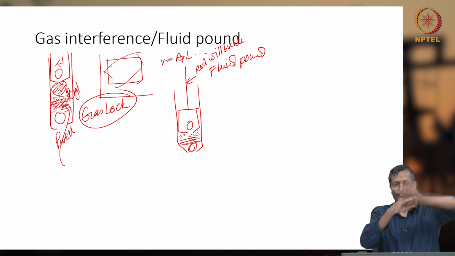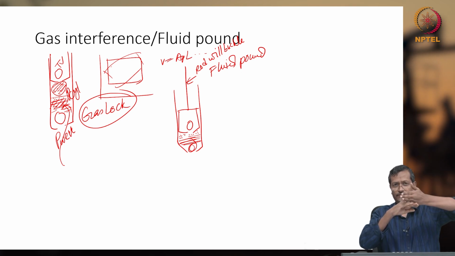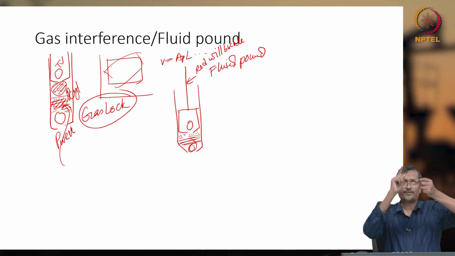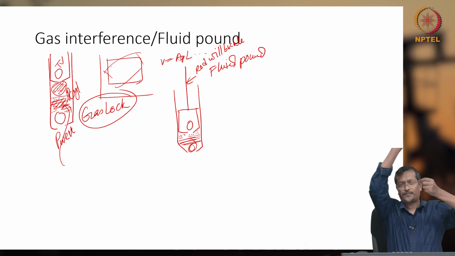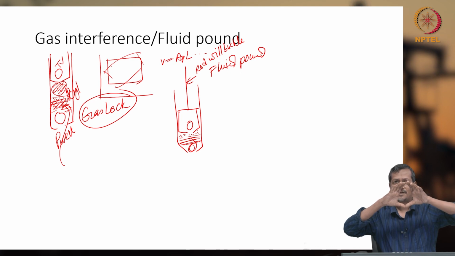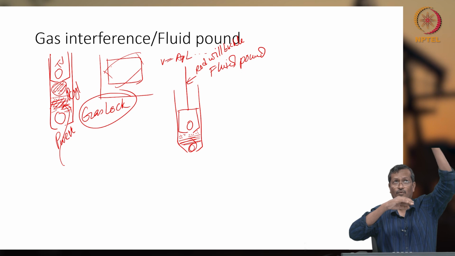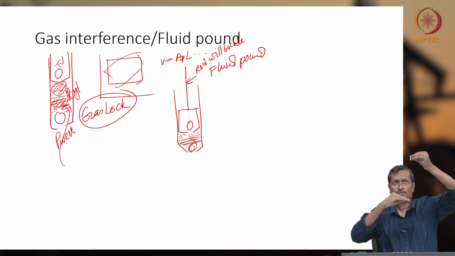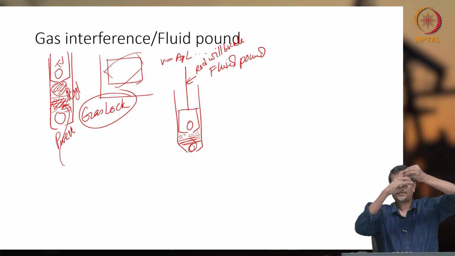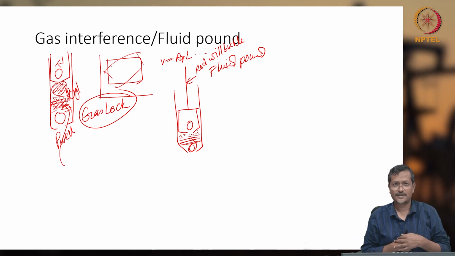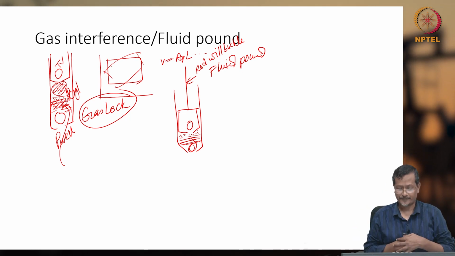The plunger is hitting, and the whole pressure pulse or vibration is not shifted to the top. Only the bottom portion got stopped and the top portion is still in motion. So you are creating a certain pressure, a compressive force. When compressive force is there, it will be a buckling load.